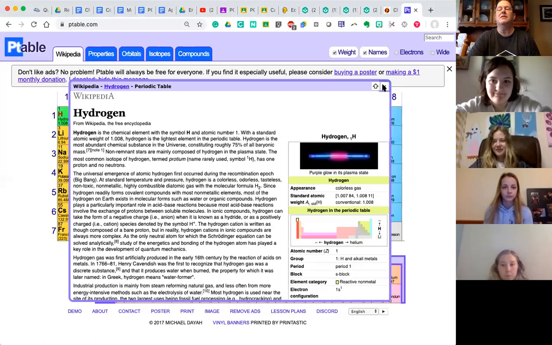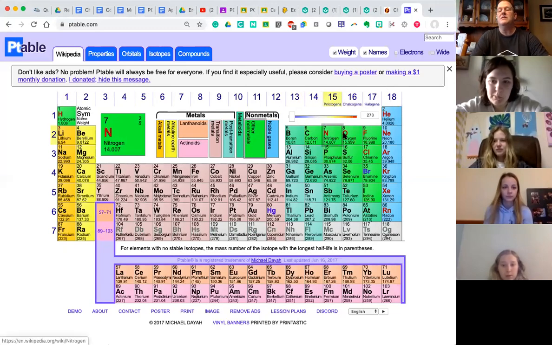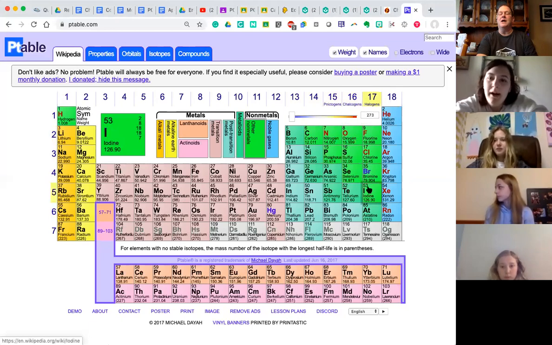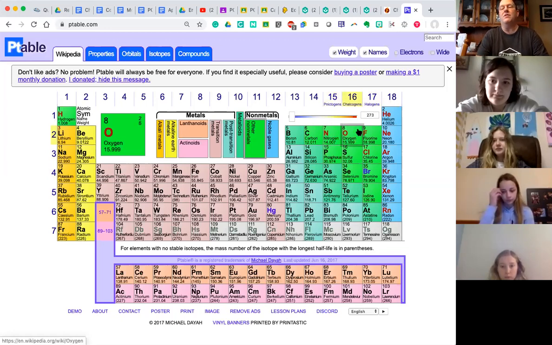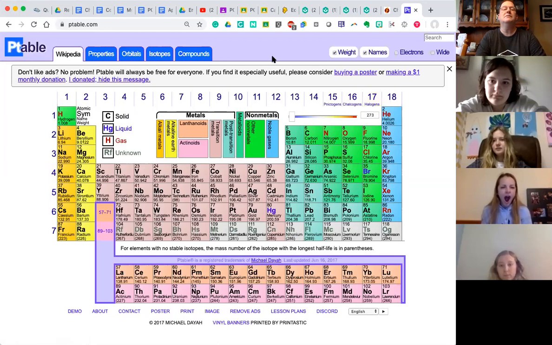But the other 6 are right here, which make the number 7. Those are the 7 diatomic elements plus hydrogen: nitrogen, oxygen, fluorine, chlorine, bromine, iodine. So you can remember the 7 and what they are, because where they are in the periodic table, they make the number 7. Okay?